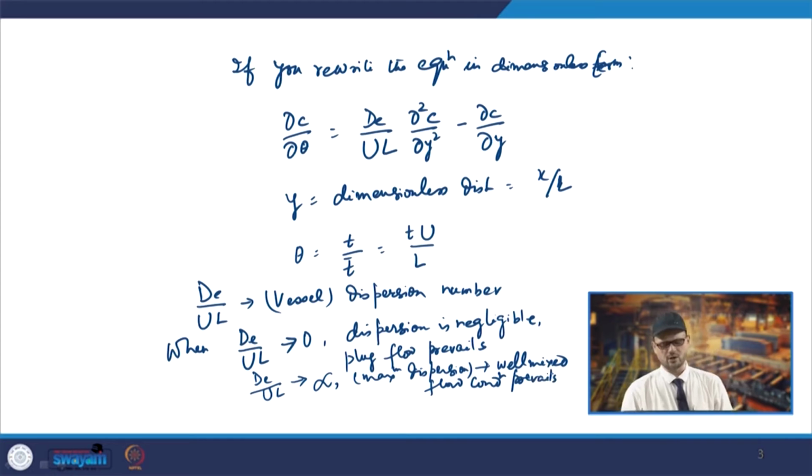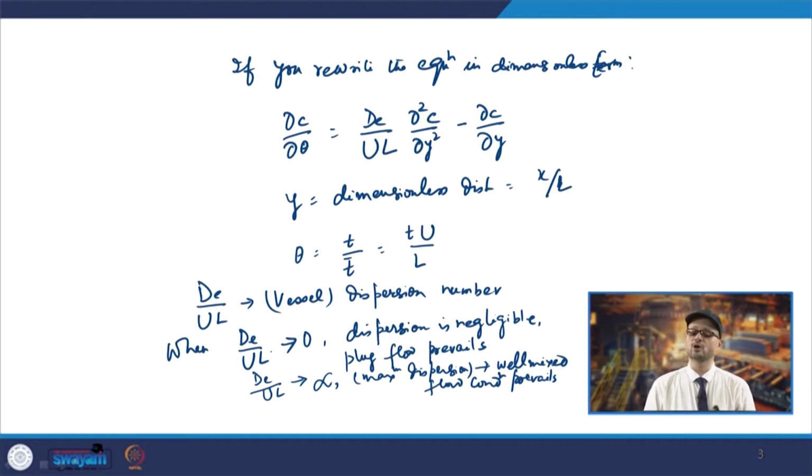So, that is the significance of this number dE upon UL, that is your dispersion number, and we will see how by changing this dispersion number there will be a change in the shape of the F curve or the C curve.